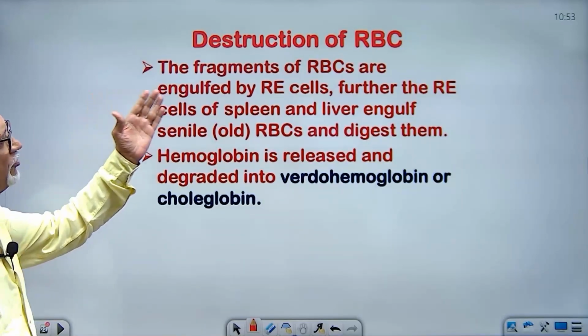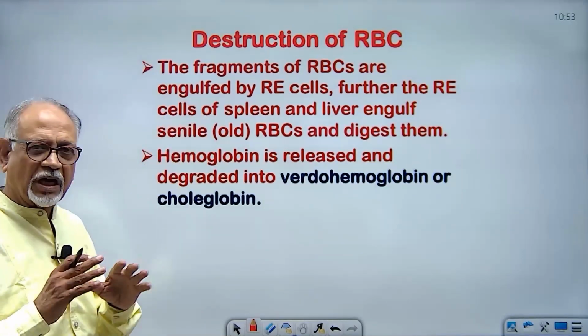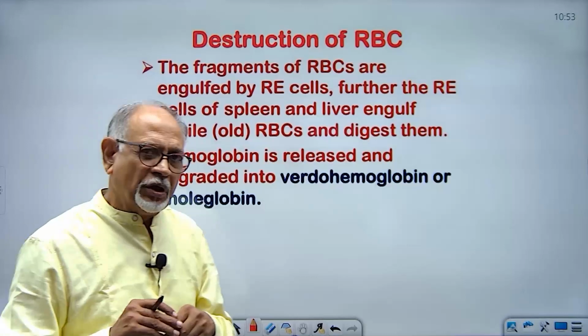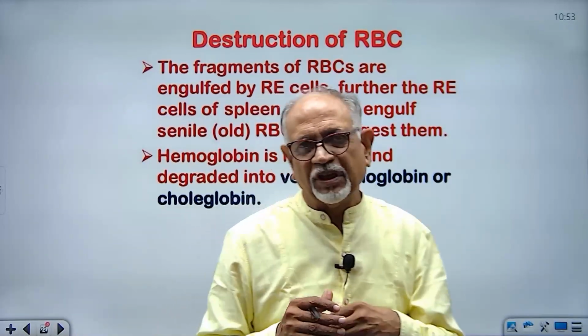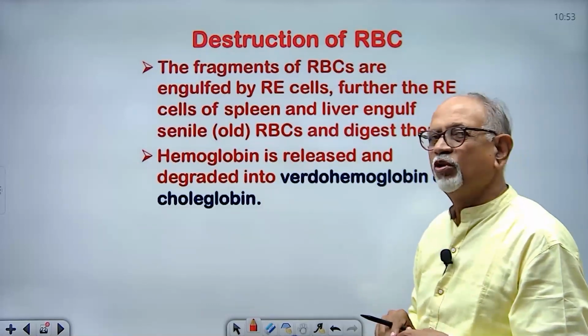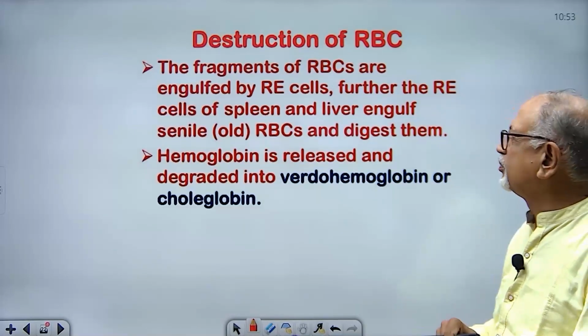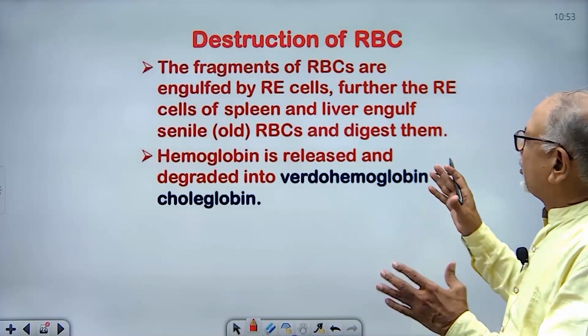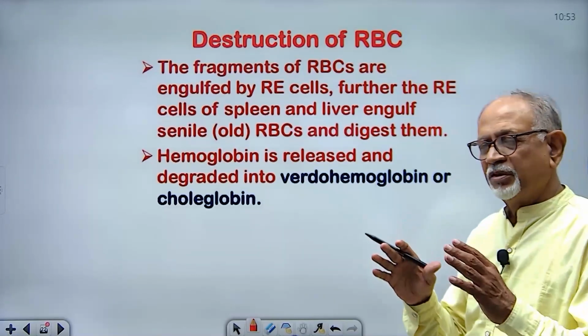Now, when the RBC gets fragmented in the spleen, those fragments are engulfed by the reticuloendothelial cells of the spleen and liver.